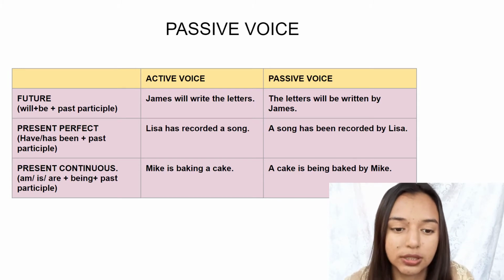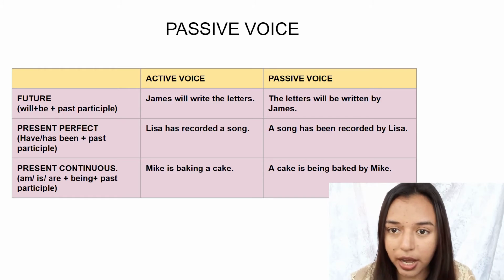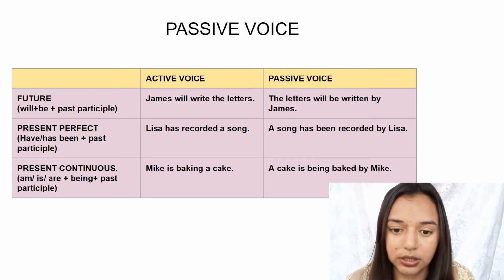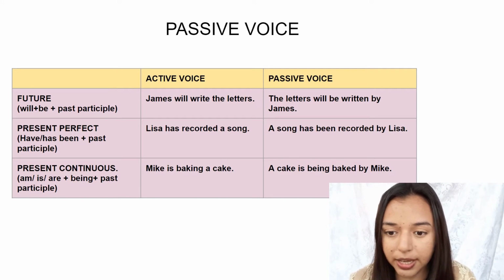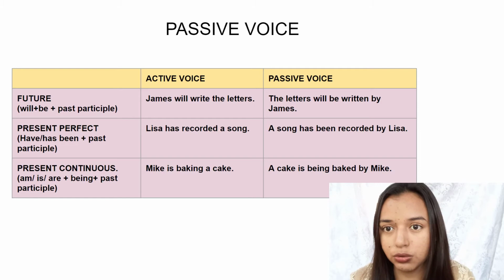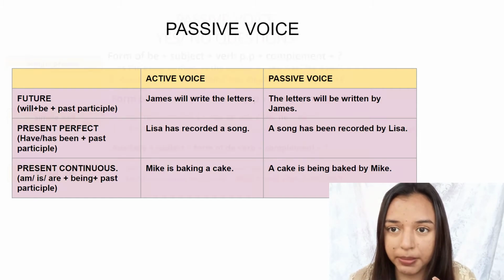The form is am, is, or are plus being plus past participle. The example for active voice is Mike is baking a cake. And this example changed to passive voice is a cake is being baked by Mike.